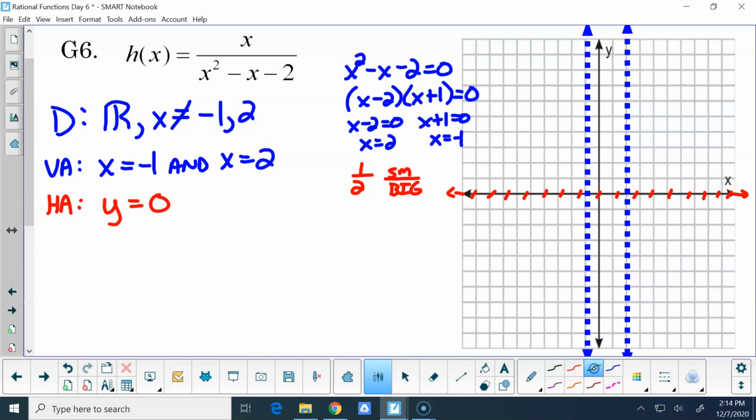Y-intercept: f of 0, in this case h, but we'll just call it f still. 0 over 0 minus 0 minus 2 is going to be 0 over negative 2.